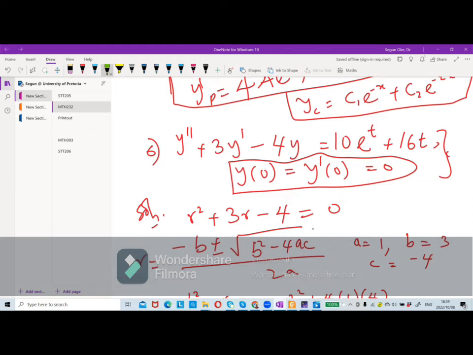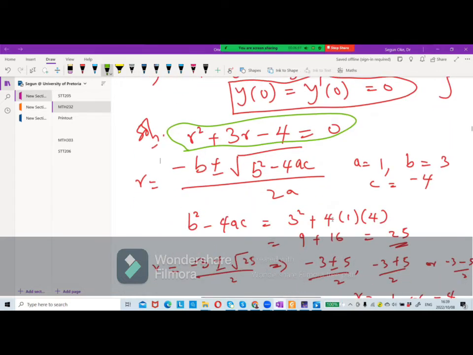When we have this, equate it to 0, then factorize it or use the general formula. When you use the general formula, first of all do the discriminant aspect of it. Then you have 25. The square root of 25 will lead us into 5. Don't forget this is our r that we are trying to solve.